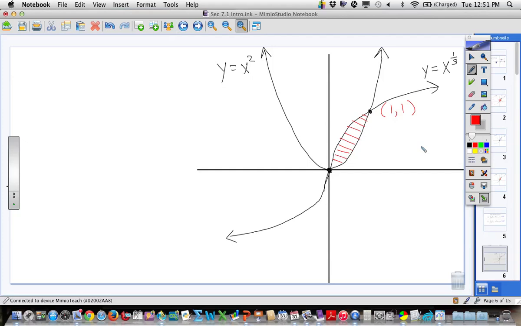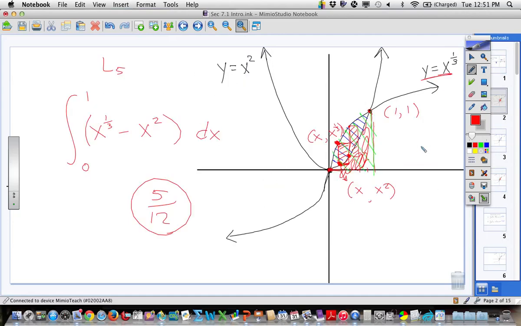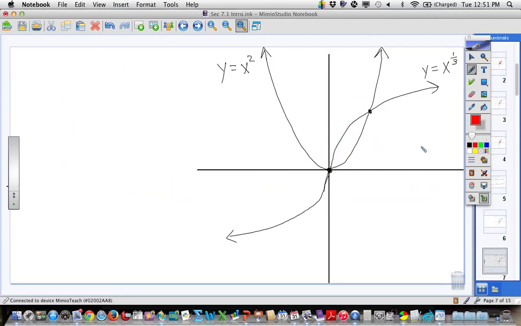Now, why in the world would we want to? Well, it's because there are going to be some problems where what we just did is not going to work very well. So let me redraw. What we just got done doing is we said, okay, here's this red area. If I take a strip instead of a rectangle, because what we want is an infinite number of rectangles, they're going to be really skinny.